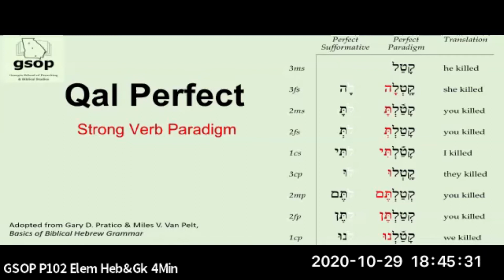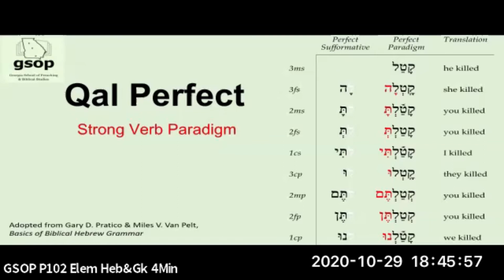But I'm going to add what's called a perfect afformative, or a suffix, to it. If you remember when we were looking at feminine verbs and nouns, we added oftentimes a qamets under the last consonant and we added a hey consonant to it. And oftentimes when you see that hey with a qamets, it's feminine.